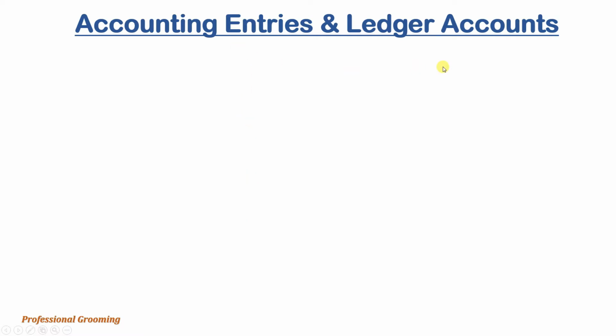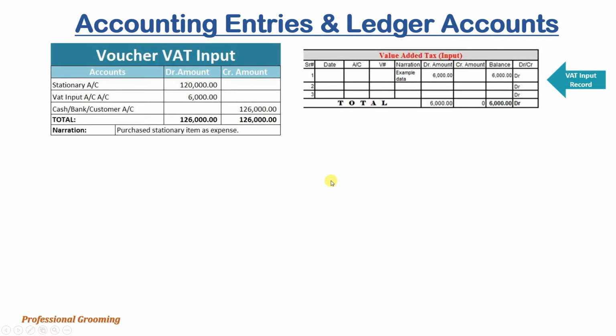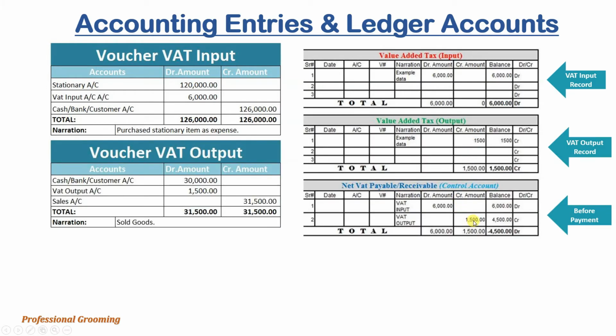Accounting entries and ledger accounts if our VAT input value is higher than our VAT output value. Our control account will look like this, with the VAT input value greater now. The debit amount 6,000 is greater than the credit amount 1,500, so our balance is in minus now, minus 4,500, which is a debit balance.